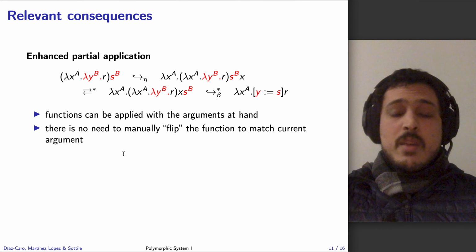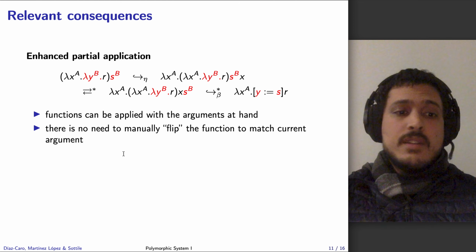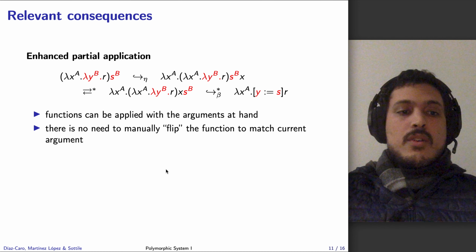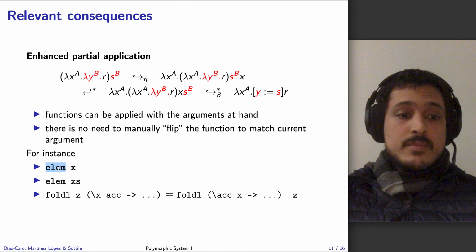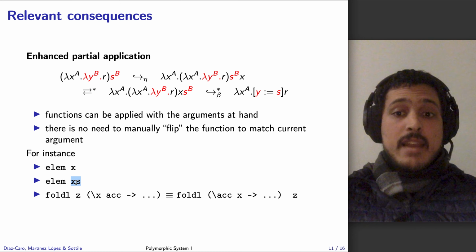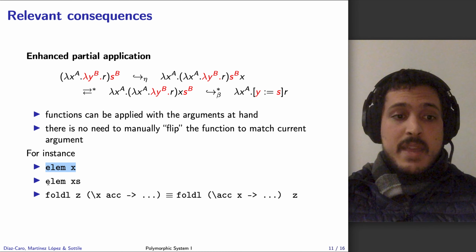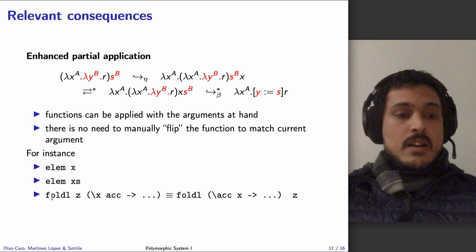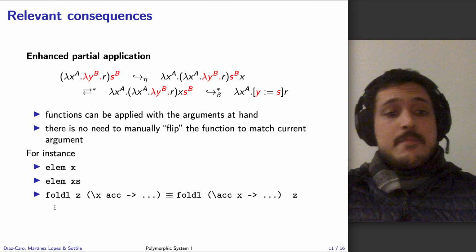So the functions can be applied with the arguments we have at hand right now, and there's no need to manually flip the function to make it match the current argument we are trying to apply.